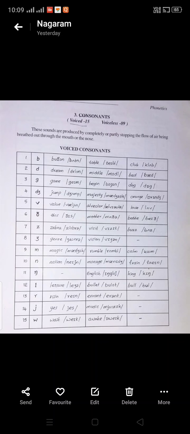There are voiced sounds 15 and voiceless 9. These sounds are produced by completely or partly stopping the flow of air being breathed out through the mouth or the nose. Completely or partly stopping the flow of air when we produce these consonant sounds.